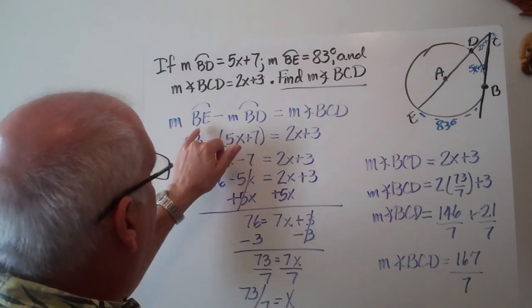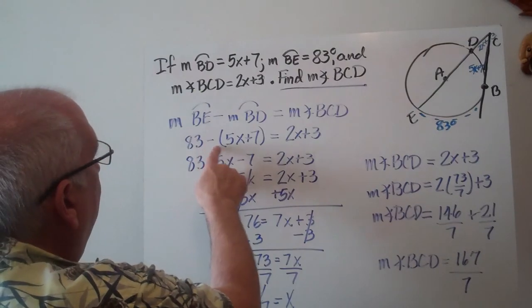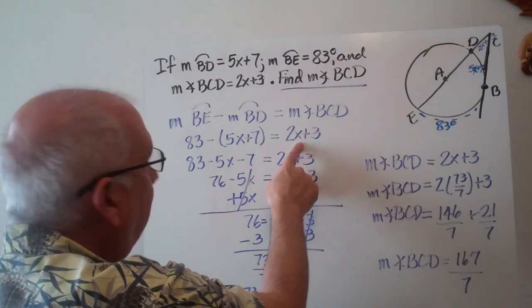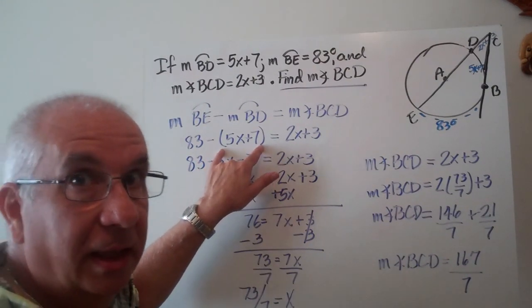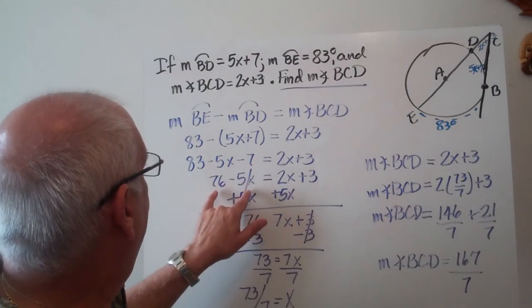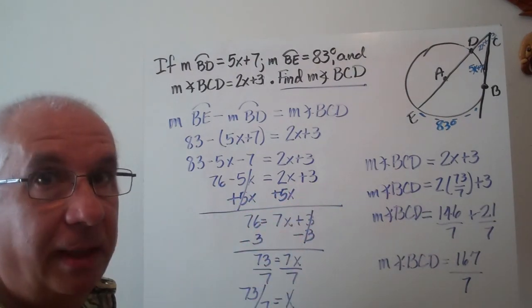So we substitute what we know. The large arc, 83 degrees, minus the small arc is equal to the measure of the angle. Multiply everything inside the parentheses by negative 1, distribute, we get this. Combine like terms, we get 76 minus 5x is equal to 2x plus 3.